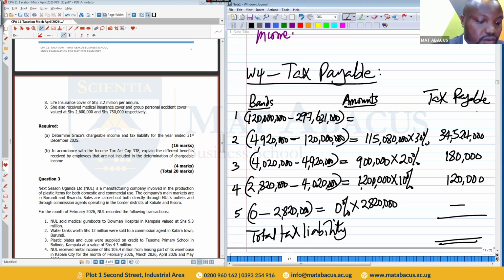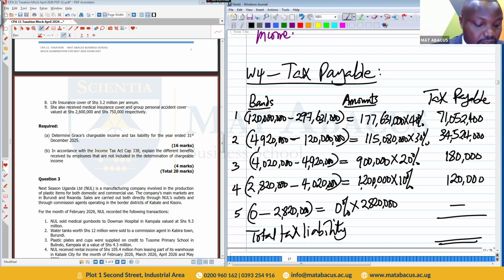Then we shall get 120 million minus 297,631,000, which will give you 177,631 times 40%, times 0.4, which will give you 71,052,400.